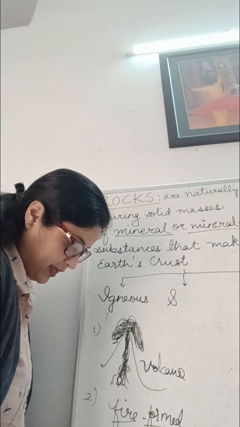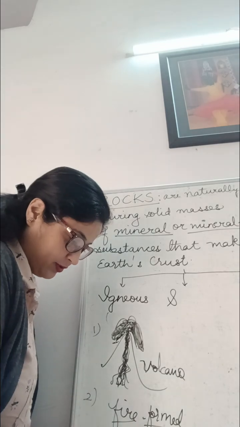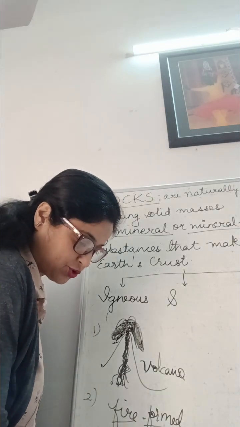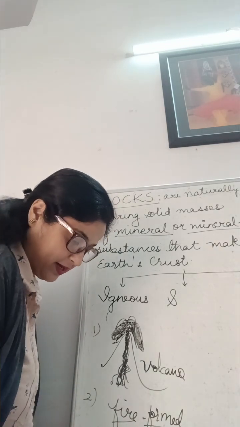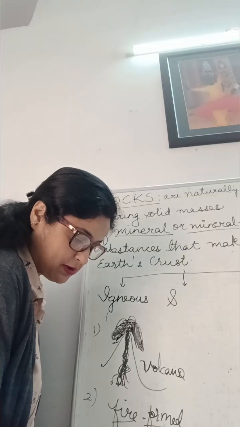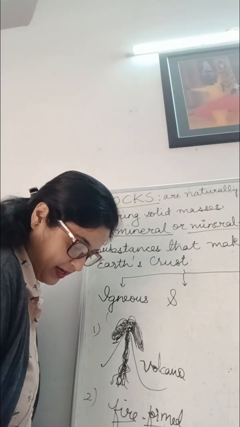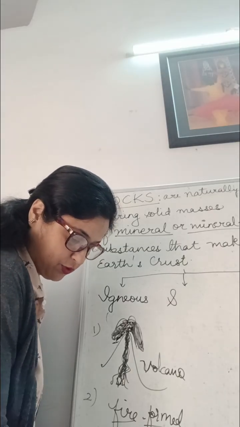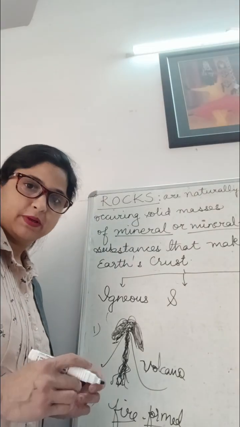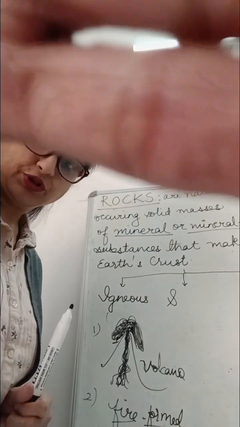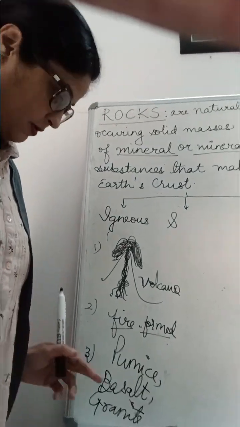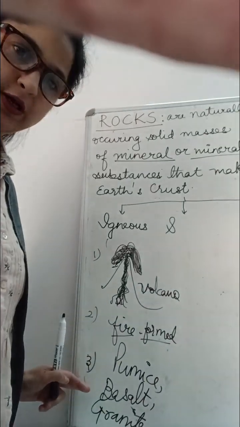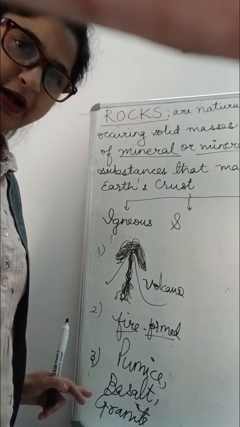The best example is pumice stone, then basalt and granite. These are the three examples of igneous rocks that I am going to tell you: pumice stone, basalt, and granite.